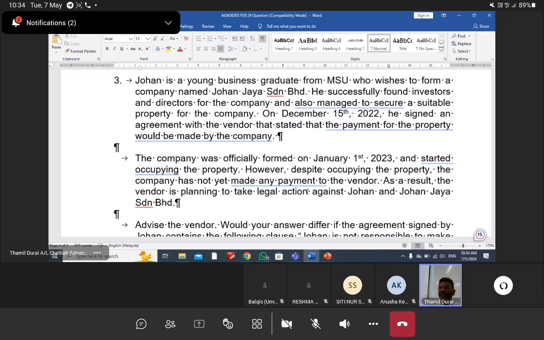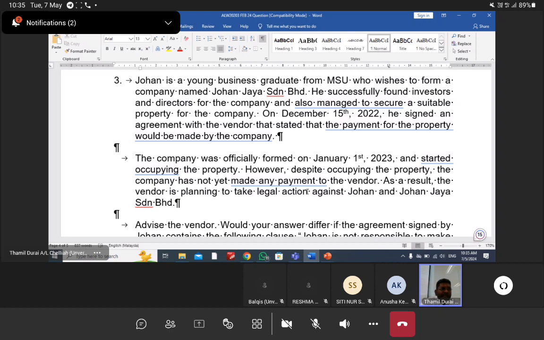No ratification, Johan will be liable. Ratification can be express, ratification can be implied. So here, is the ratification express or implied? You have to explain that ratification can be of two kinds.